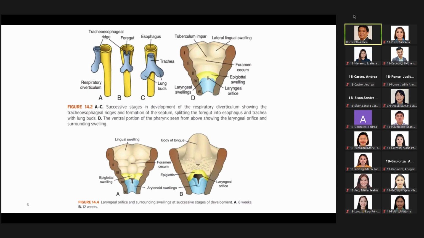You can see that already. And then you have the lingual swellings there. And then it becomes now a larger laryngeal orifice and the arytenoid swellings, which will become the cartilages of the larynx coming from the 4th and 6th pharyngeal arches. So this one is at 12th week.